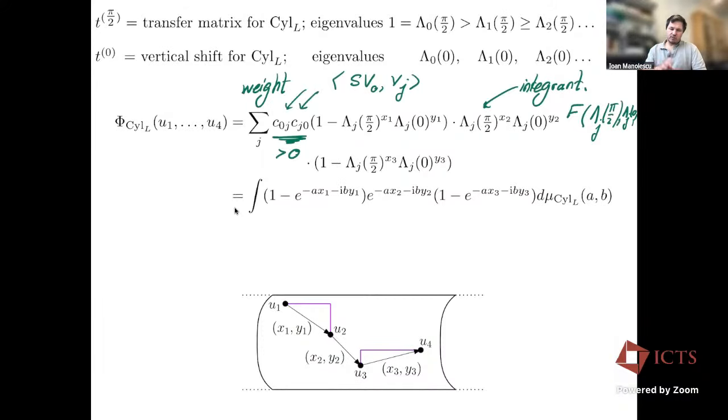It's a function that depends on x1, x2, x3 and y1, y2, y3, but it depends on the eigenvalues. So you could just write this as an integral, where you have a sort of spectral measure, which is just a weighted sum of Diracs.